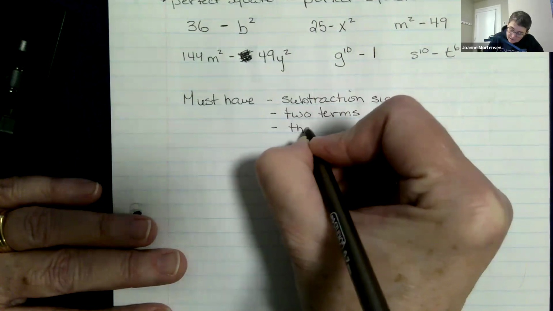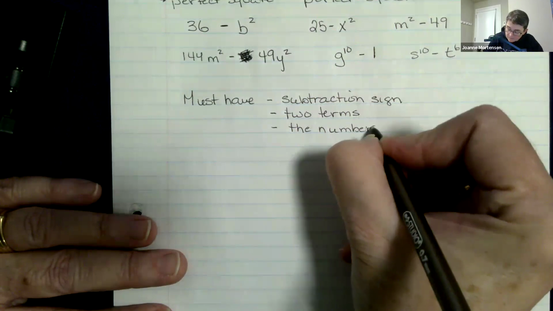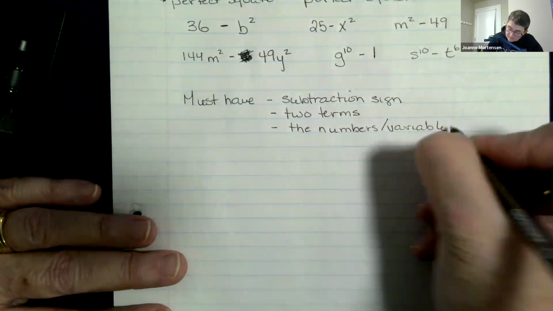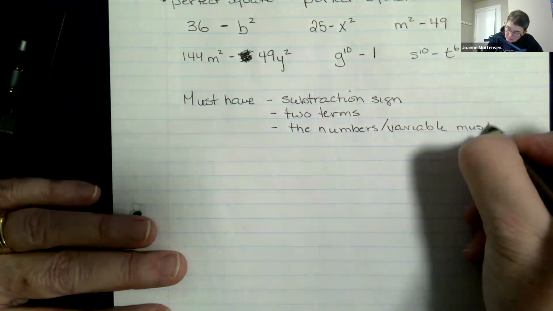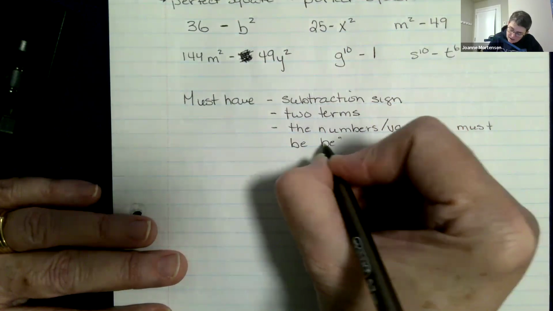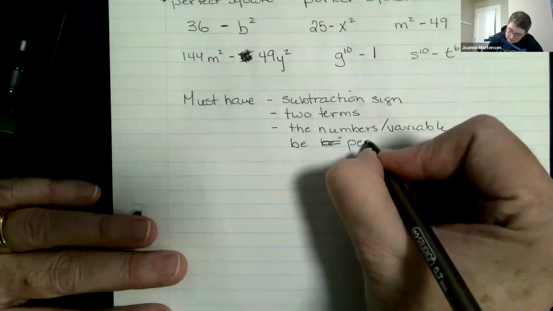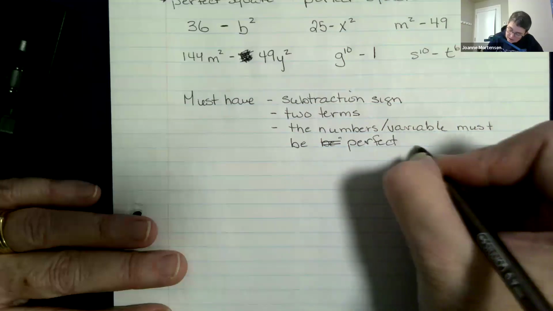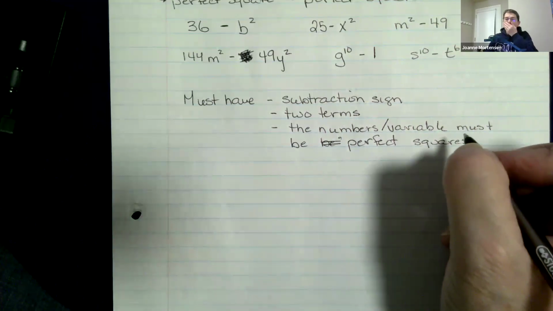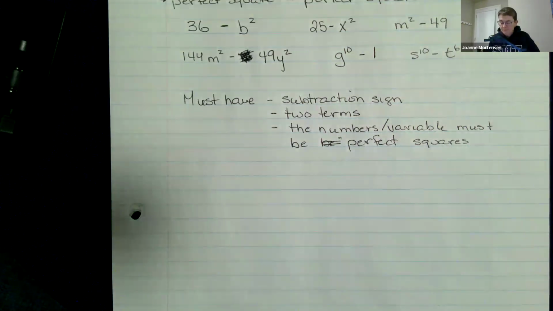And the numbers, the variables, must be perfect squares.